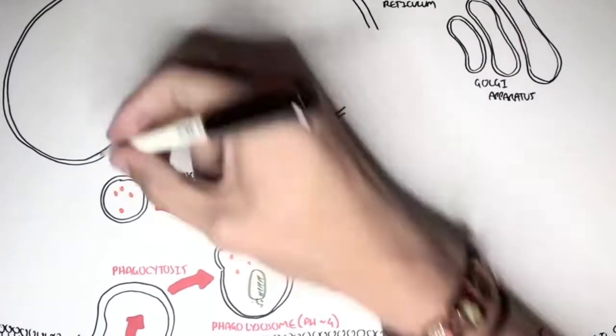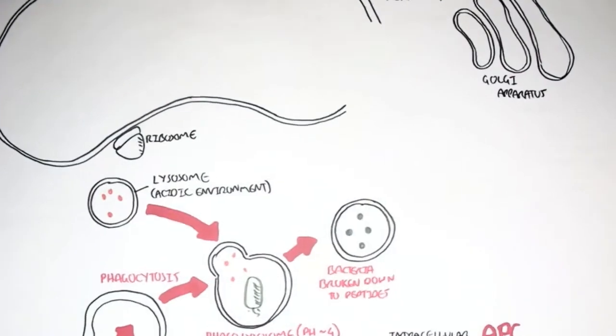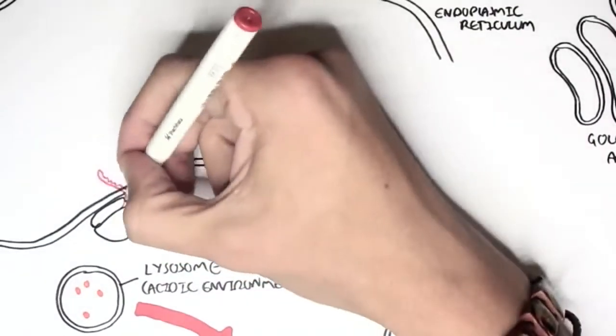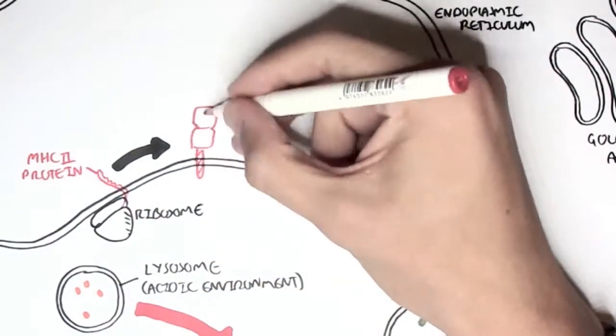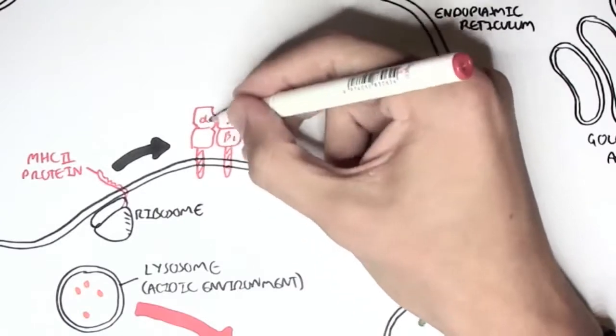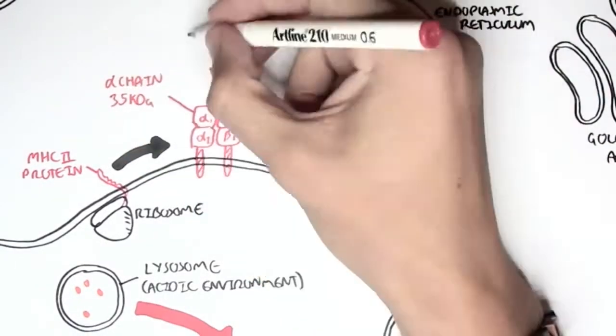Now within the endoplasmic reticulum, the ribosomes are synthesizing MHC class 2 molecules. The MHC class 2 is made up of alpha 1 and 2 domains and beta 1 and 2. The alpha portion is about 35 kilodaltons in mass and the beta is about 23 kilodaltons.